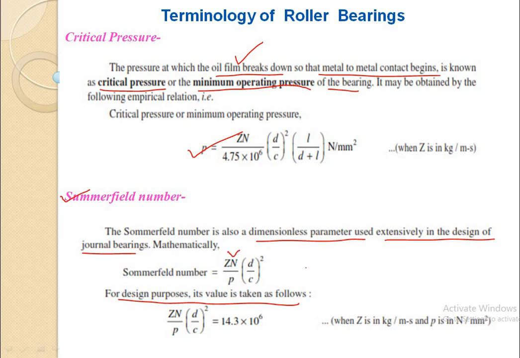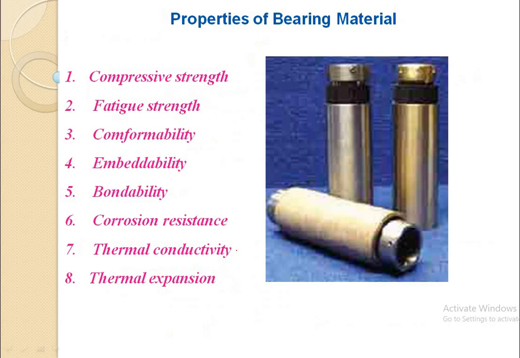Its formula is like this. The same formula is used in the critical pressure, ZN by P. If you adjust this formula, you will get 4.75 into 10 raised to 6. If you take P to this side, then ZN by P into (D by C) squared is the Sommerfeld number. Now this number is used in the design procedure of journal bearings.